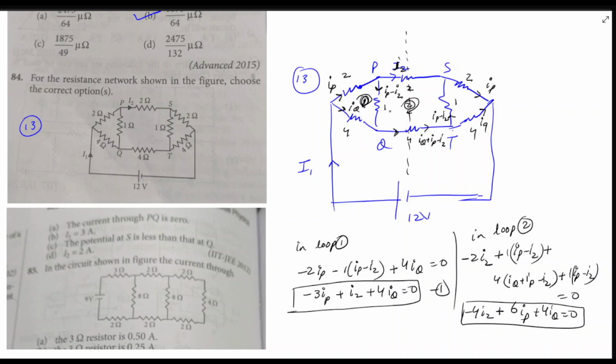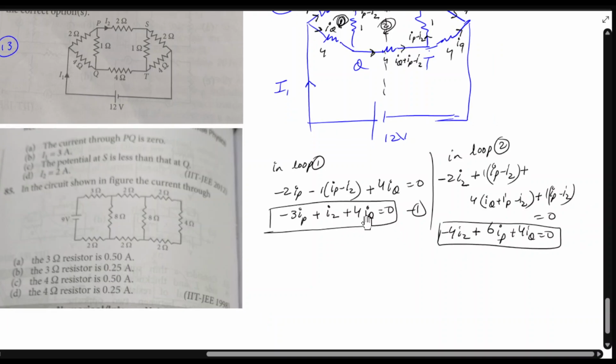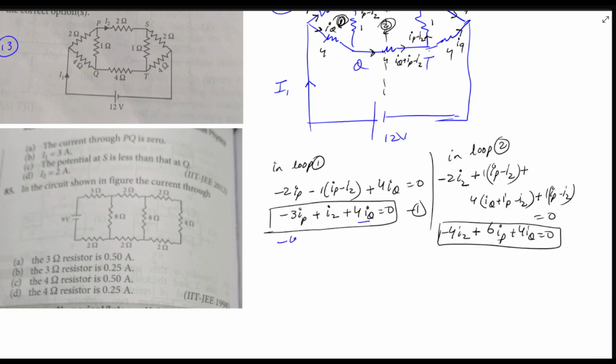Now we need to find the condition between IP and I2. So let's just subtract these two equations, because look, this 4IQ and this 4IQ will get cancelled. So let's just write it as 6IP minus 4I2 plus 4IQ equals to 0, and now subtract it.